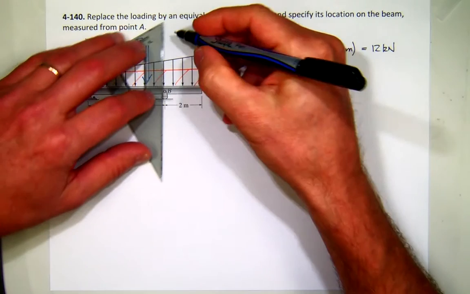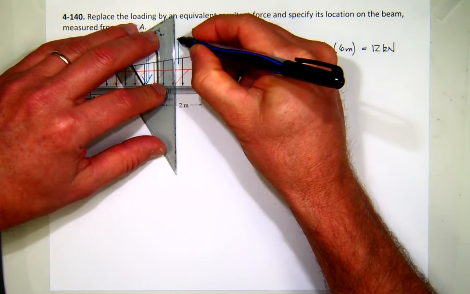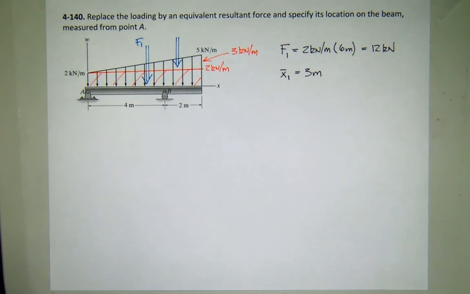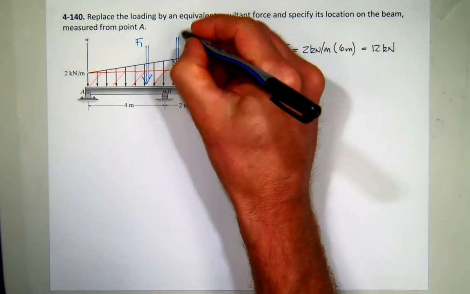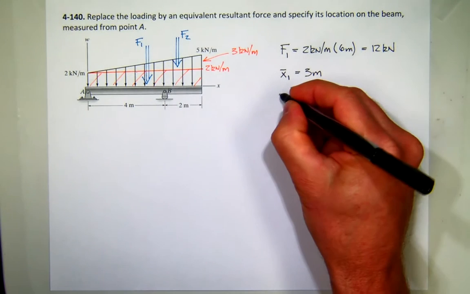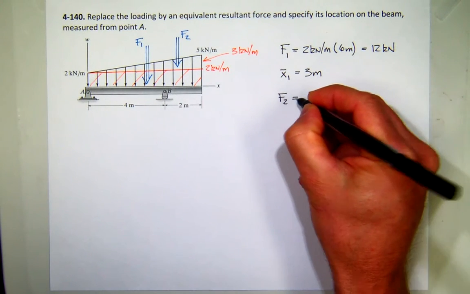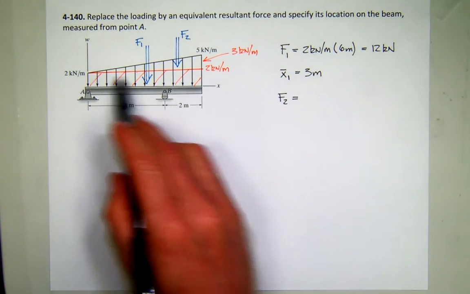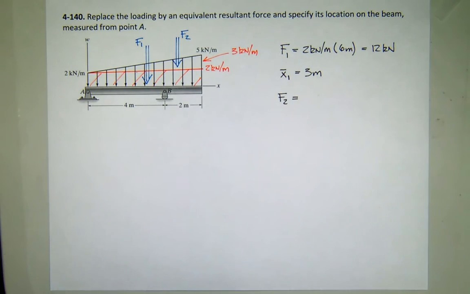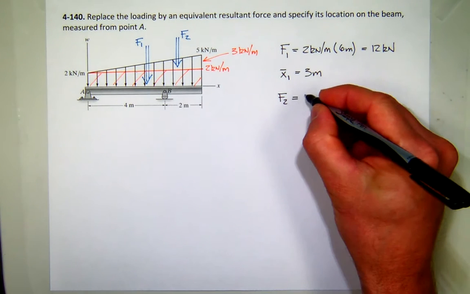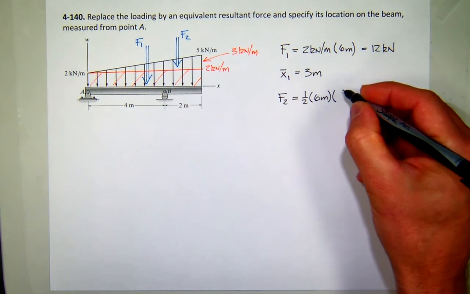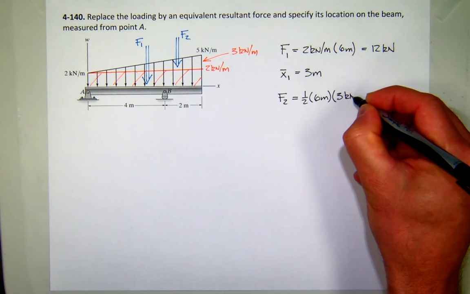Now the triangular force, remember the centroid for that is over here towards the larger side. I'll call that F2. So what is the area under that part of the curve, F2? So a triangle is 1/2 base times height, so 1/2 base, 6 meters, times height, 3 kilonewtons per meter.